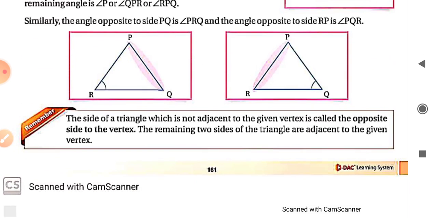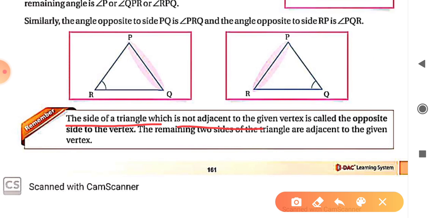Similarly, there is the opposite vertex. The side of a triangle which is not adjacent to the given vertex. If we are given a vertex P, its adjacent sides are PR and PQ.